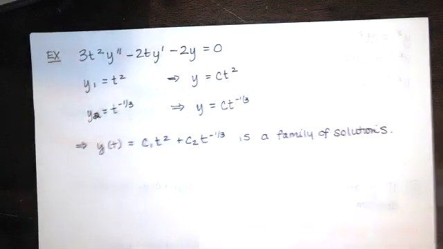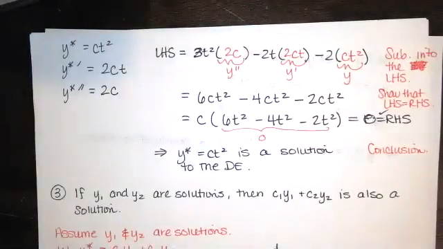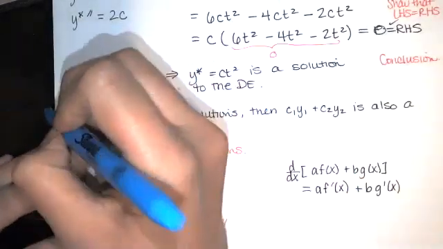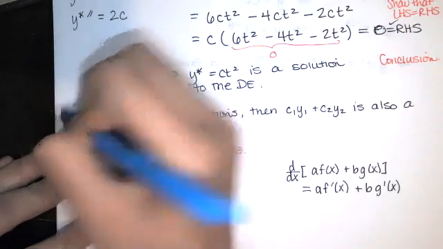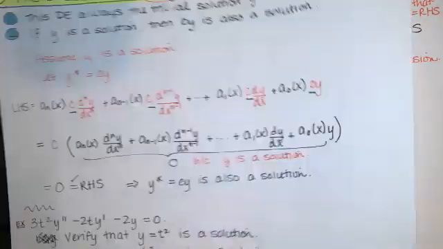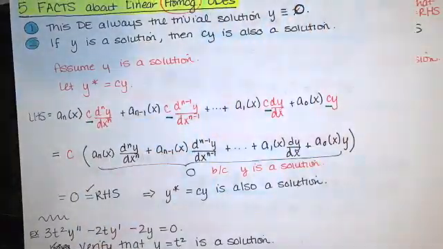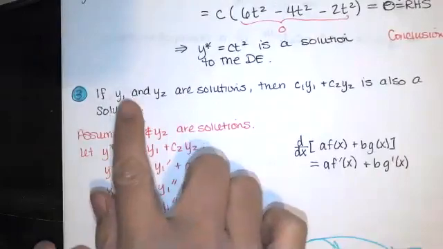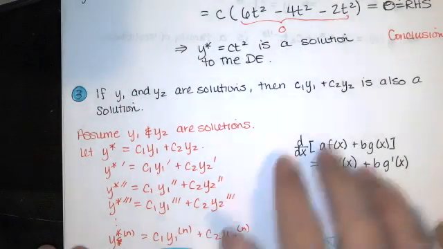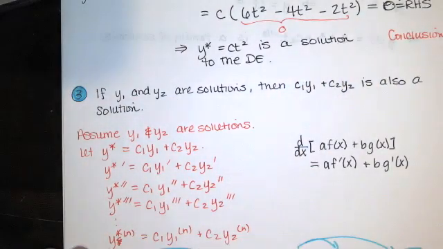Okay, so we had 3 facts so far. We said a homogeneous differential equation always possesses the trivial solution. We said if y is a solution, then a constant times y is a solution. And then we said if y1 and y2 are solutions, then you can multiply them both by constants and add them together and you get a solution.